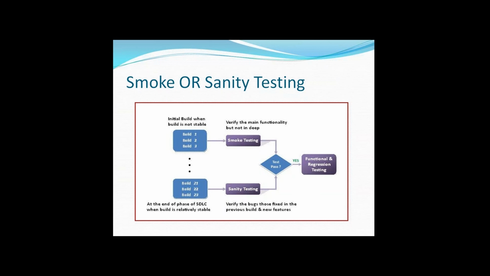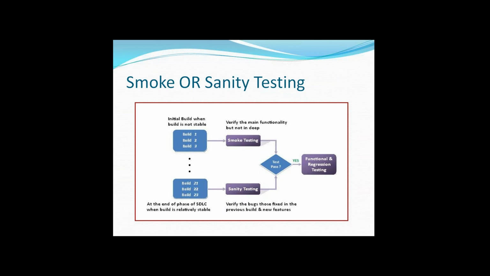Only links, or any other things also? Smoke testing is mainly about links. If anything urgent is there, then you test the functionality. Almost smoke testing is related to the links.